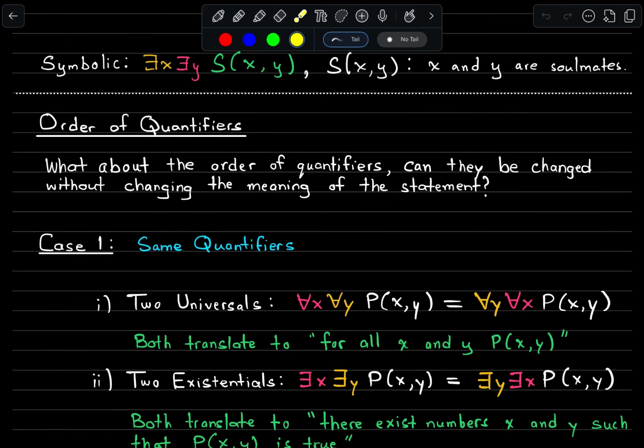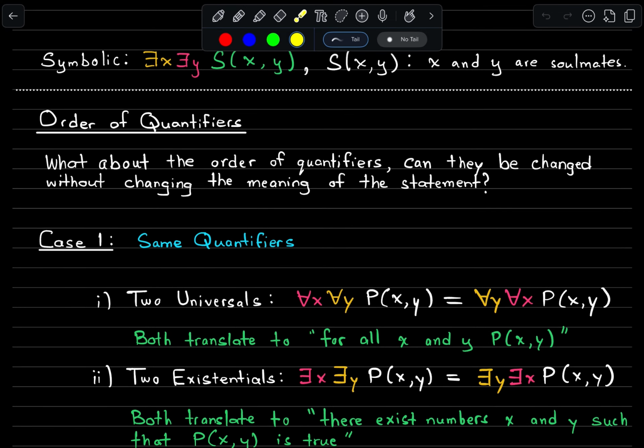Okay? Both of these translate to, for example, there exist numbers x and y such that p of x, y is true, right? If the domain of x and y are numbers. So it does not matter what order you're putting this in, right? This is the same thing as that commutative property.